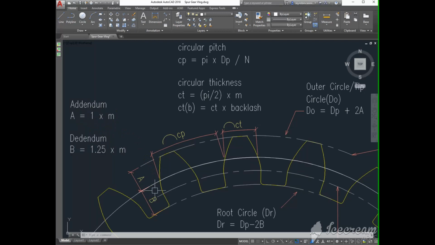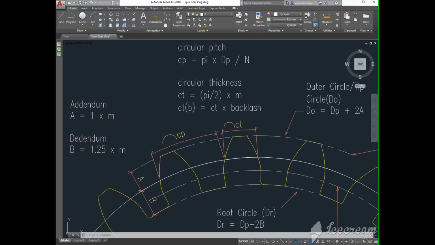The dedendum, on the other hand, is 1.25 times the module. This is the length of the gear tooth measured from the pitch circle to the root circle.